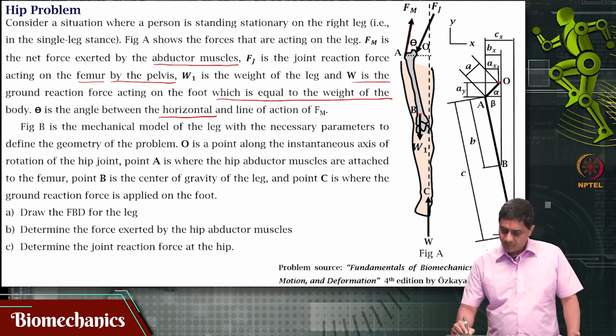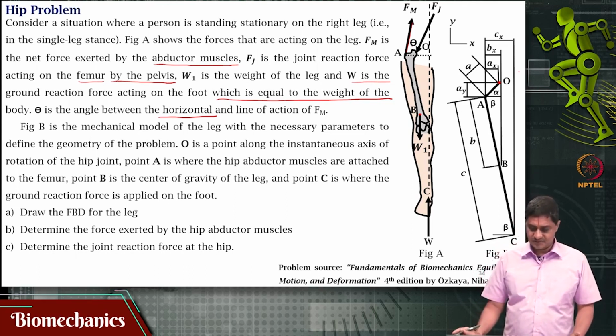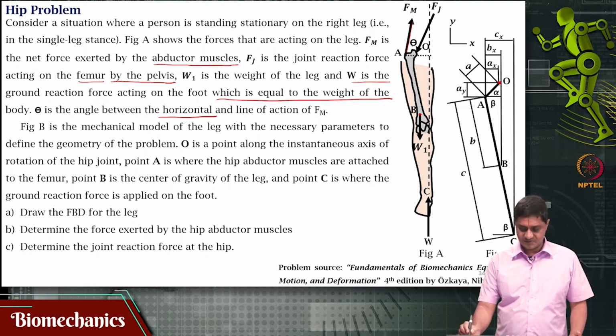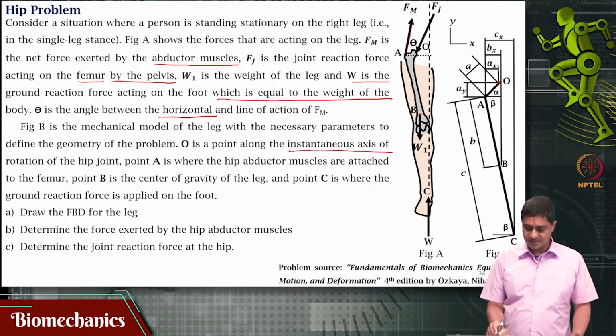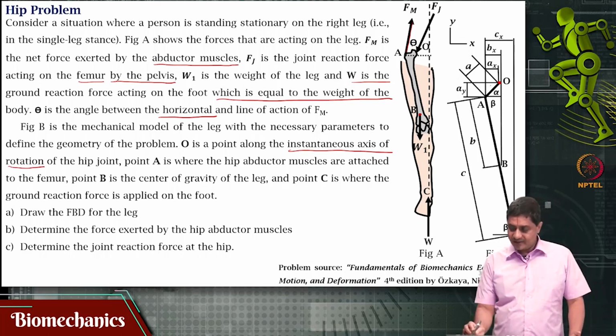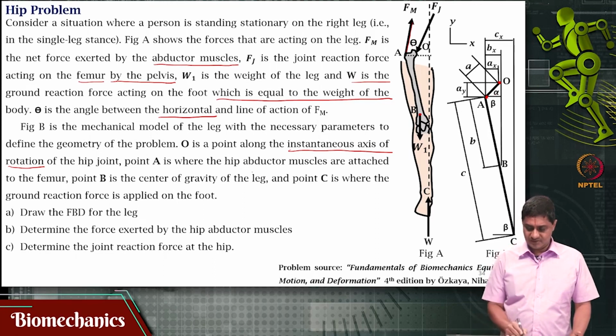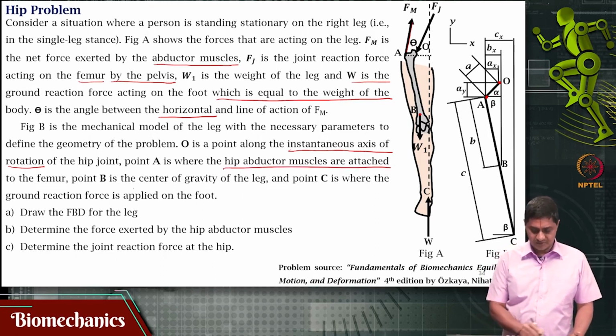O is a point along the instantaneous axis of rotation of the hip joint. Point A is the point where the hip abductor muscles are attached to the femur.